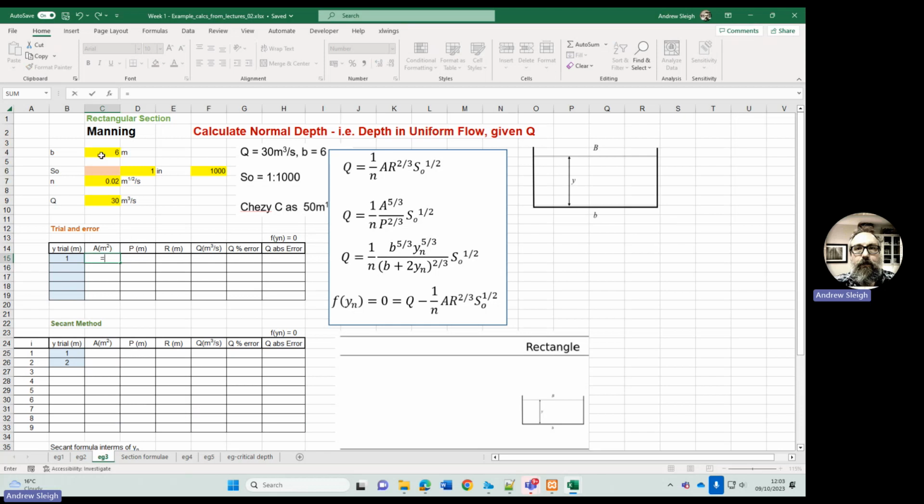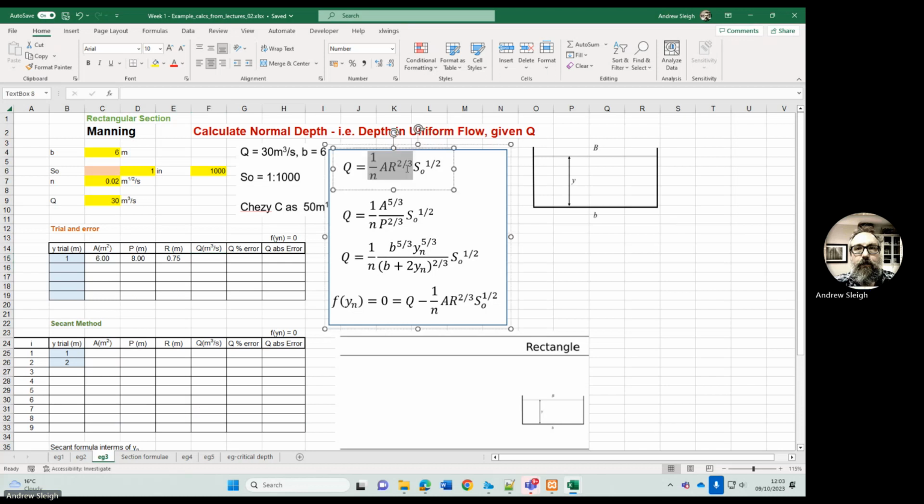So A is equal to B constant times Y. B is equal to the B constant plus 2 times Y. R is equal to A over B.